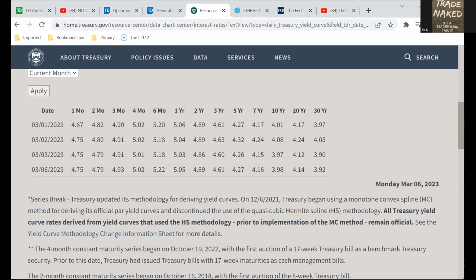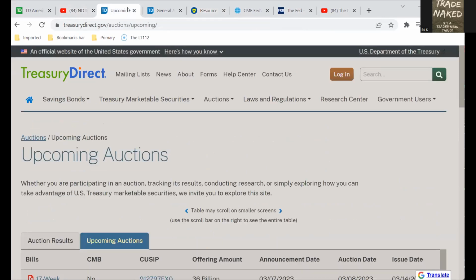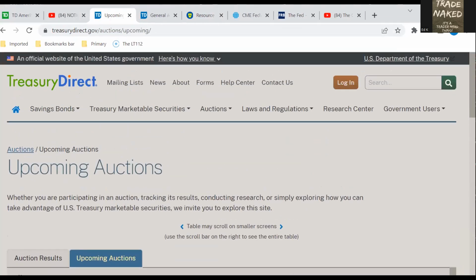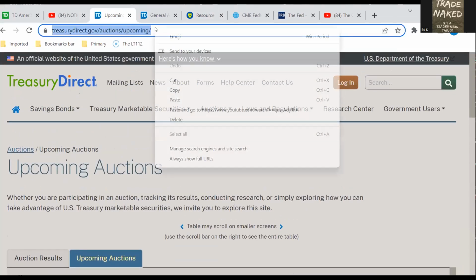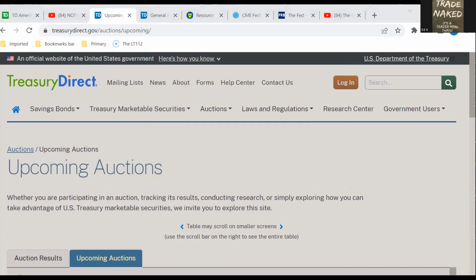Okay. So my next thing that I want to show everyone is this page, which, now I'll cut and paste it into the room. This is a handy little site by the US government, Treasury Direct, and they put out all kinds of different things.